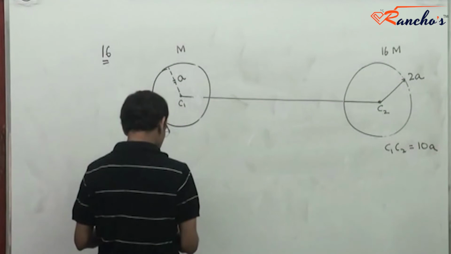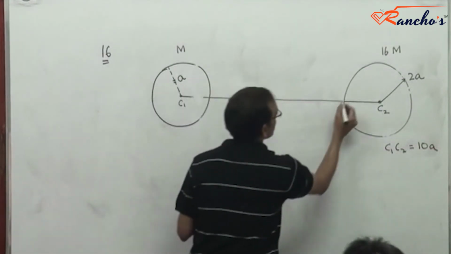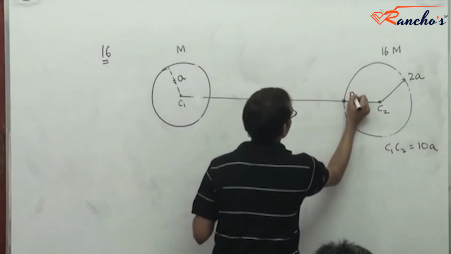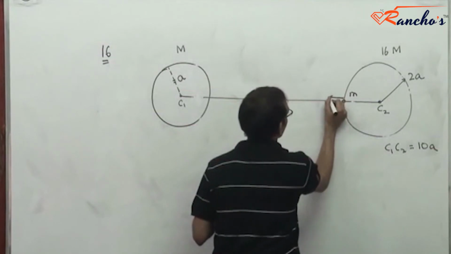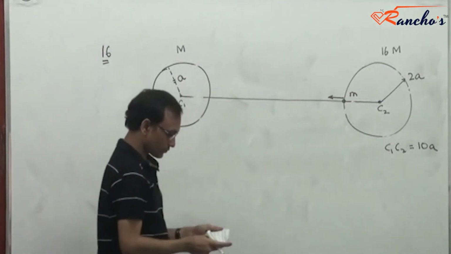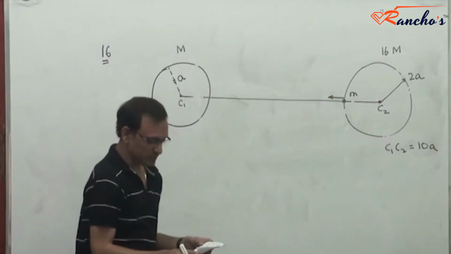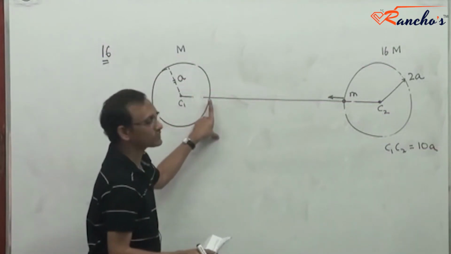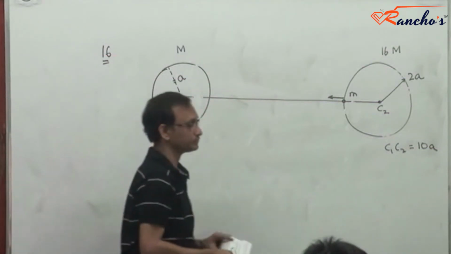A body of mass m is fired from the surface of the largest star. What should be its minimum speed so that it reaches the surface of the smallest star?